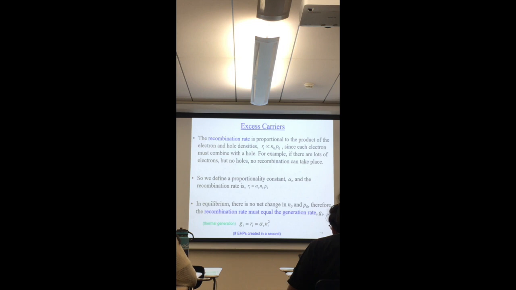And for the recombination rate, we can write n i squared, because, remember the pn product, n times p is n i squared. So the recombination rate and generation rate is alpha n i squared.